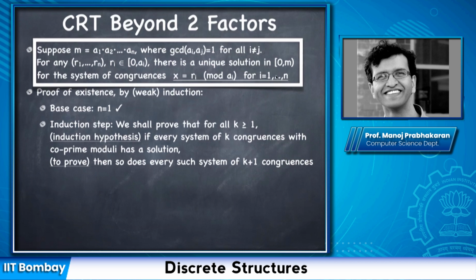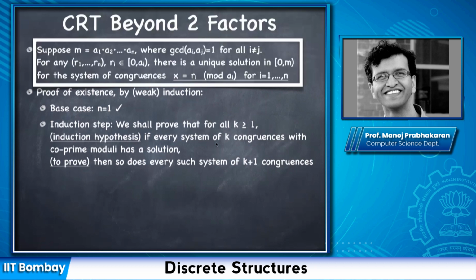So i equal to 1 to k, if they have solutions where the AIs are co-prime and RIs are arbitrary, if every such system has a solution for up to k congruences, then even for k plus 1 congruences, there will be a solution.